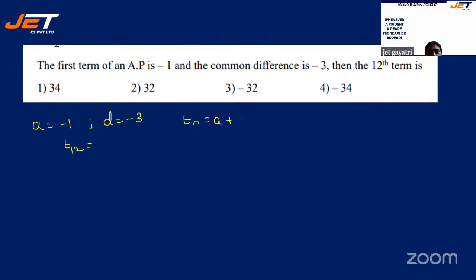A plus n minus 1 into D. A is minus 1 plus 11, since 12 minus 1 is 11, into D. So minus 1 minus 33, which is minus 34.